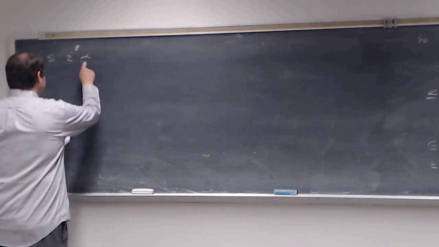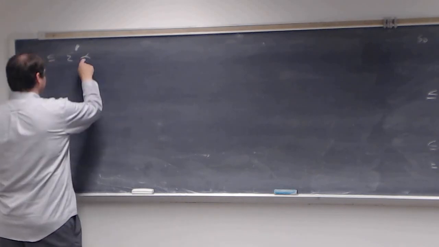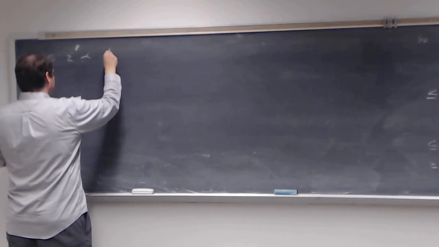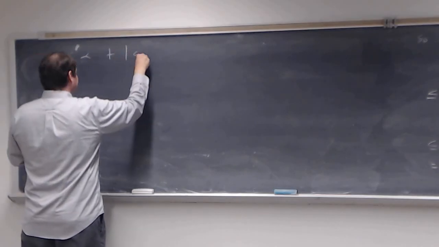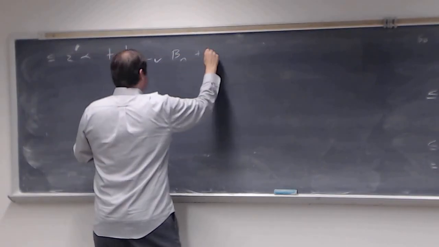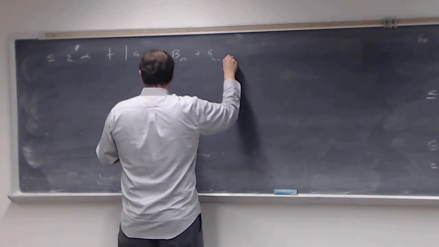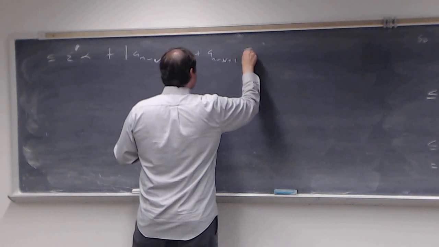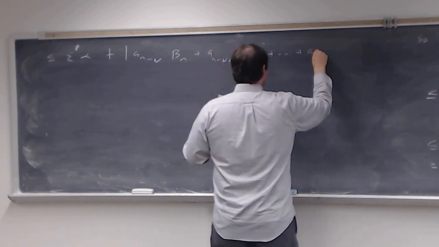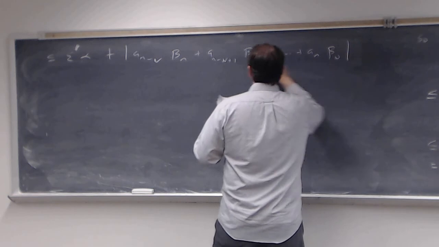So replacing it by something more, remember that's going to be positive, it's going to be less than or equal to that. And then plus there's this absolute value of a sub n minus N, b sub n, same thing we had, plus a sub little n minus big N plus 1, beta sub big N minus 1, plus all the way up to a sub n, beta sub 0.